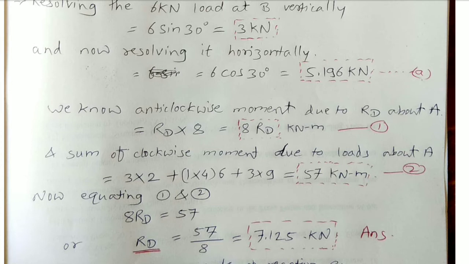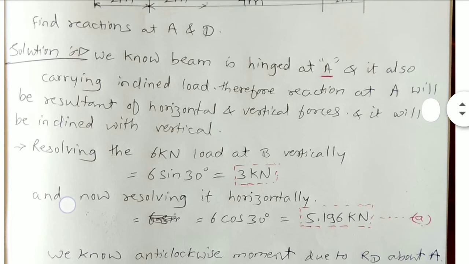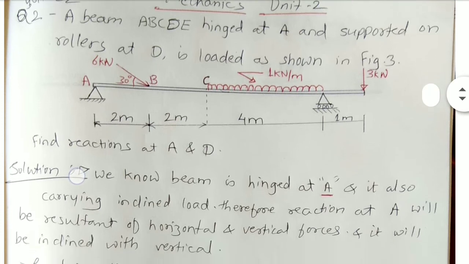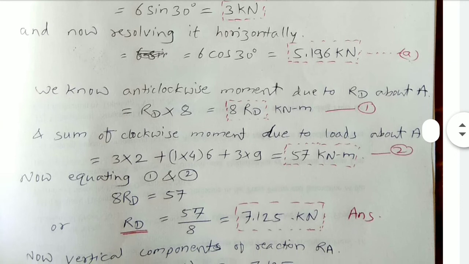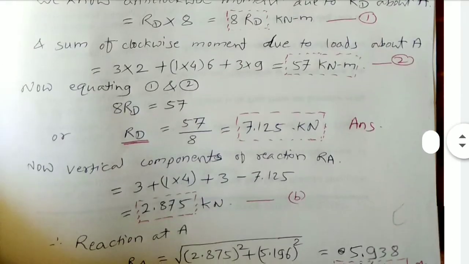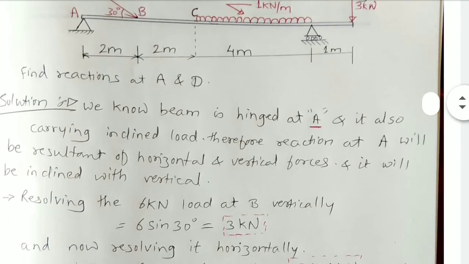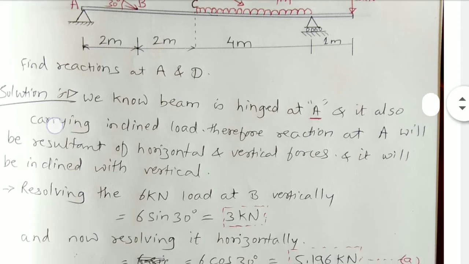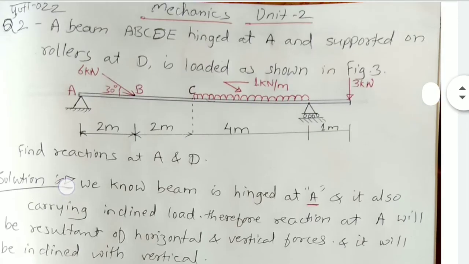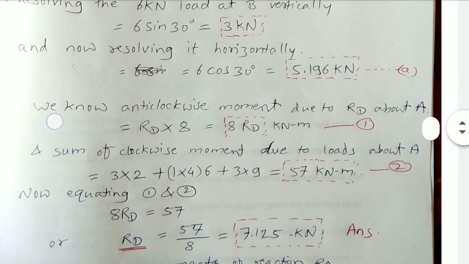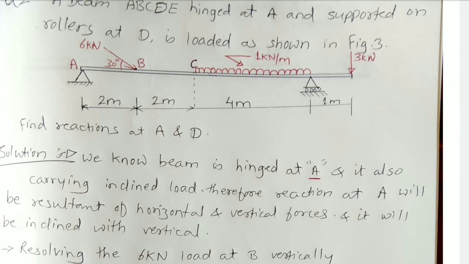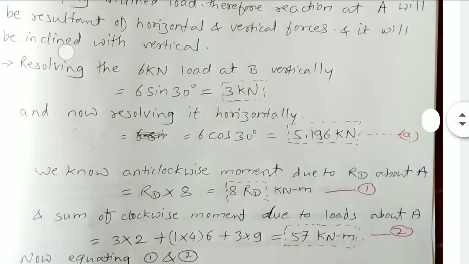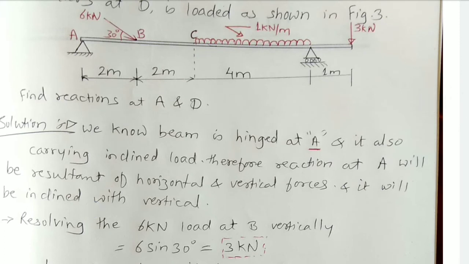Now this is anti-clockwise. Now we will take the clockwise moments due to the loads which are given: the 6 kilonewton load, the 1 kilonewton per meter UDL, and 3 kilonewton at point E. Taking the moment about point A, clockwise, we take 3 into 2, because 3 is your 6 sin 30, the vertical component of the inclined force at point B, at a distance of 2 meters from A. Now the UDL has a load of 1 into 4, 1 kilonewton per meter over a span of 4 meters, so 1 into 4 is the vertical force, and its distance from point A is half of the UDL, 2, plus the remaining 2, so total 6.